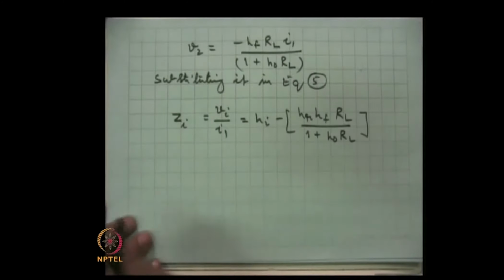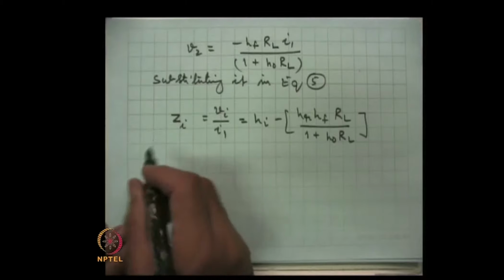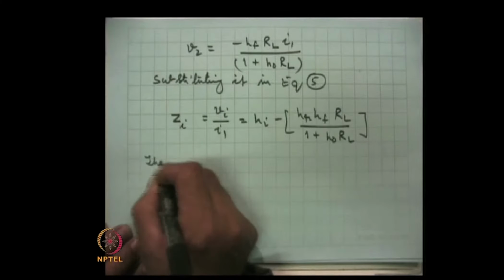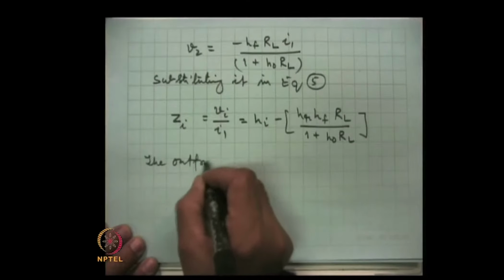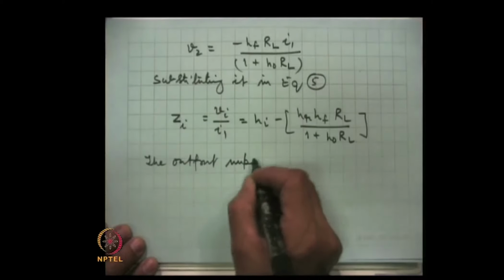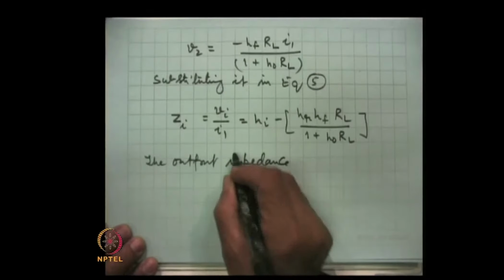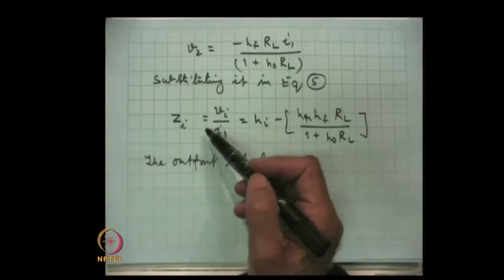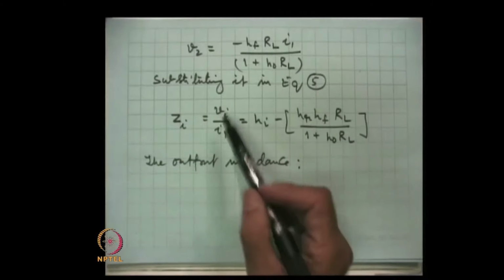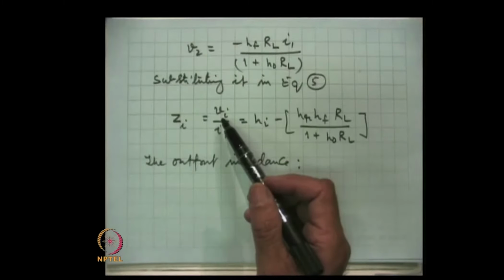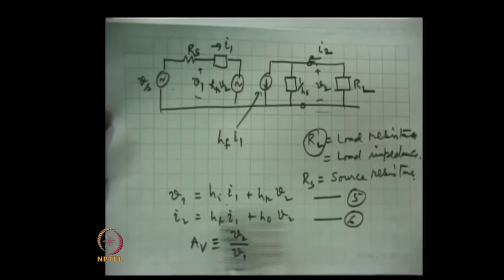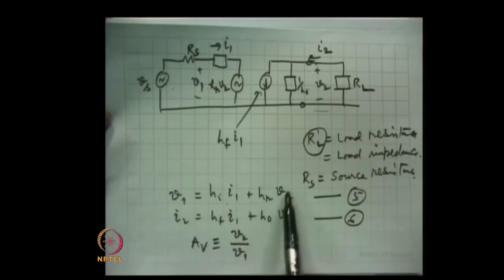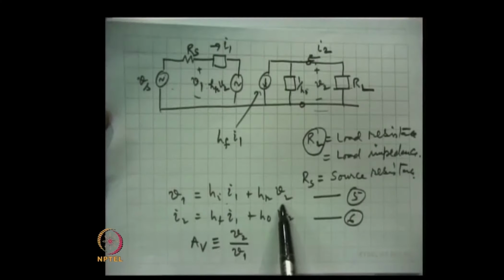Next we consider the output impedance. And why are we doing this manipulation? I again repeat, if we get this V1 by I1 directly from equation 5, it will contain V2 which we do not know.